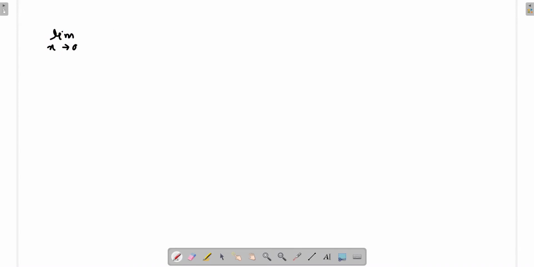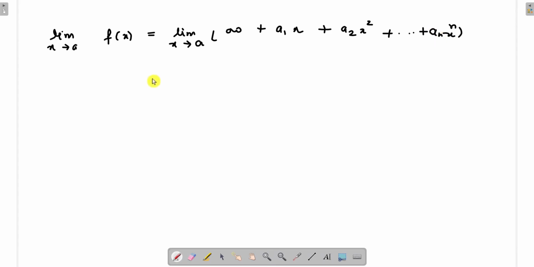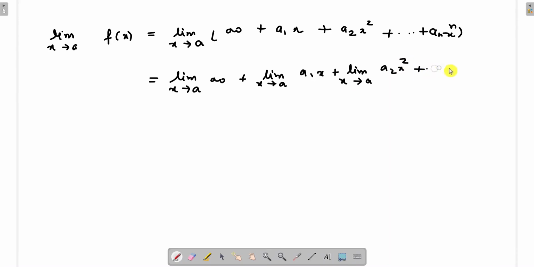So the limit as x tends to a of fx, where fx is a naught plus a1x, then plus a2x square, and plus an x raised to n, will be equal to limit as x tends to a of a naught plus limit x tends to a of a1x plus limit x tends to a of a2x square, and so on, plus limit x tends to a of an x raised to n.